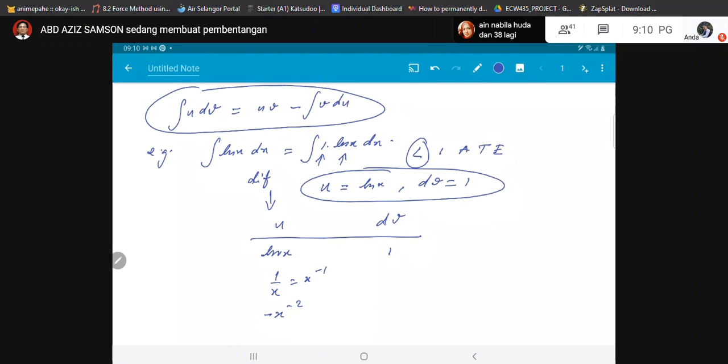It doesn't work, because if we integrate this, it will be x.